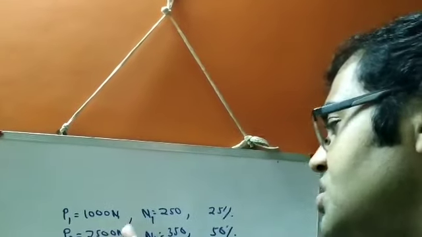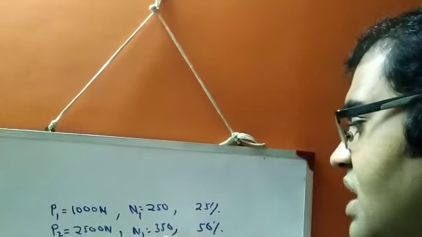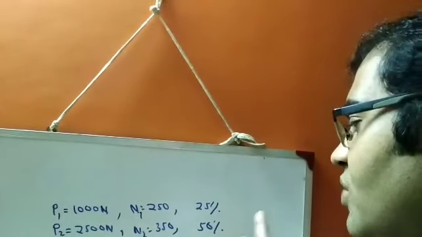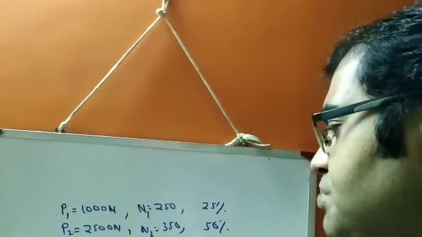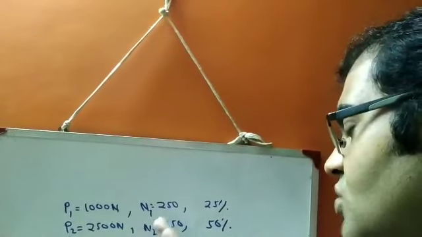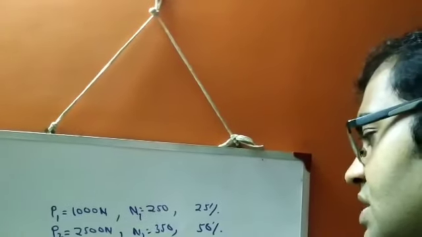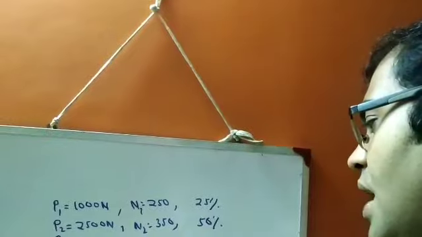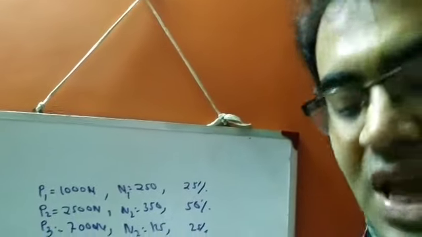P2 is 2500 Newton, with the shaft at 350 rpm, acting for 50% of the time. P3 is 7000 Newton, with the shaft rotating at 195 rpm, acting for 25% of the time. Now, how do we deal with a complete work cycle?